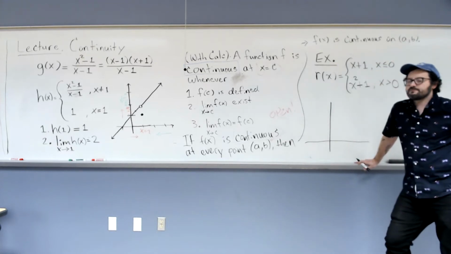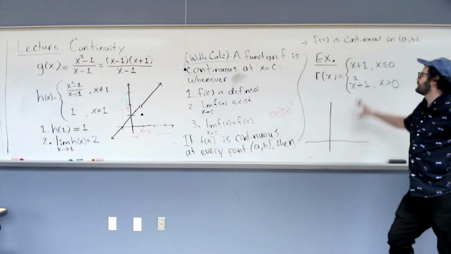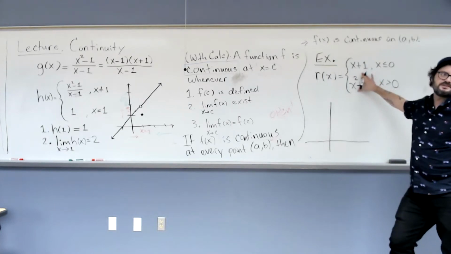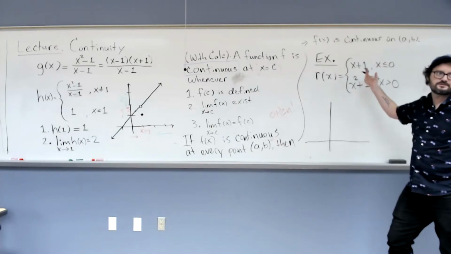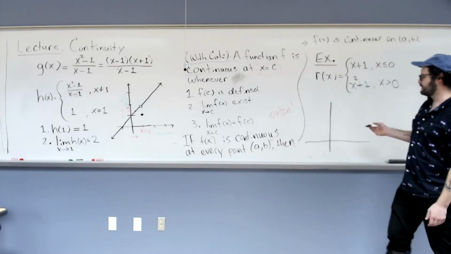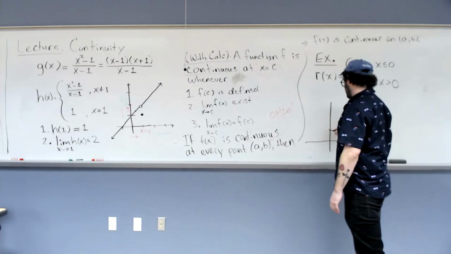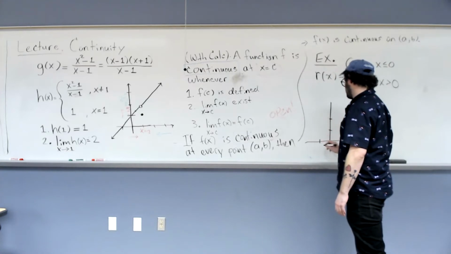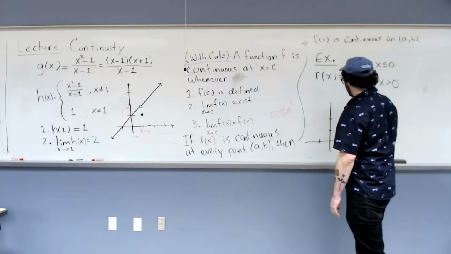when I teach piecewise functions in college algebra, I tell them to draw both functions and then erase the parts where it's not defined in a certain way. So for example, x plus 1, we know what that looks like. The top part would be like this.